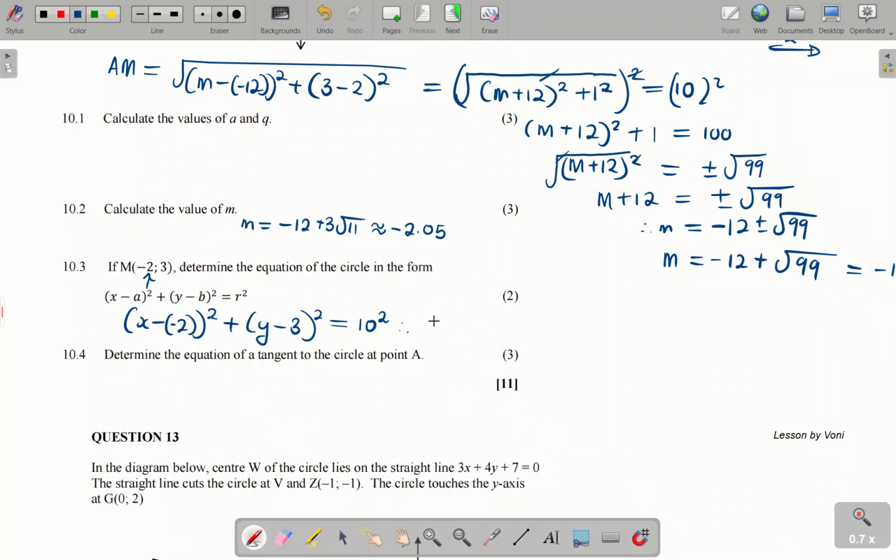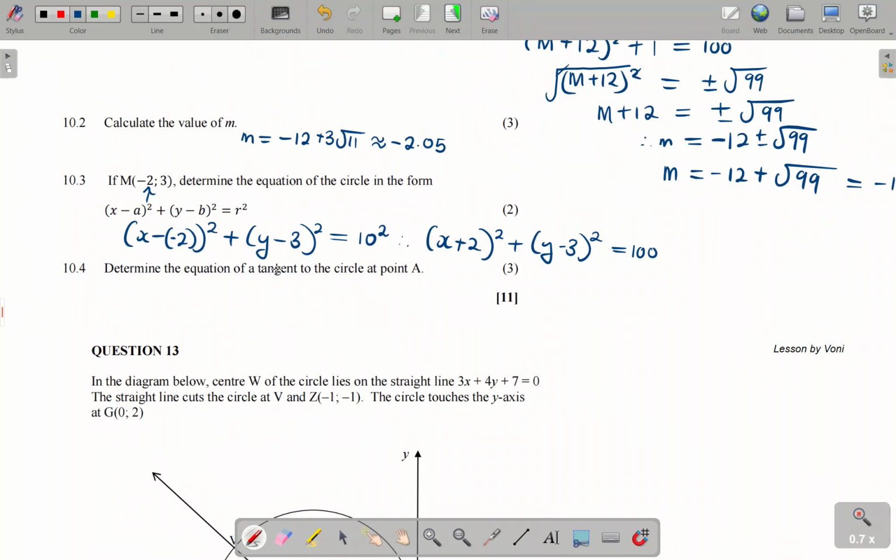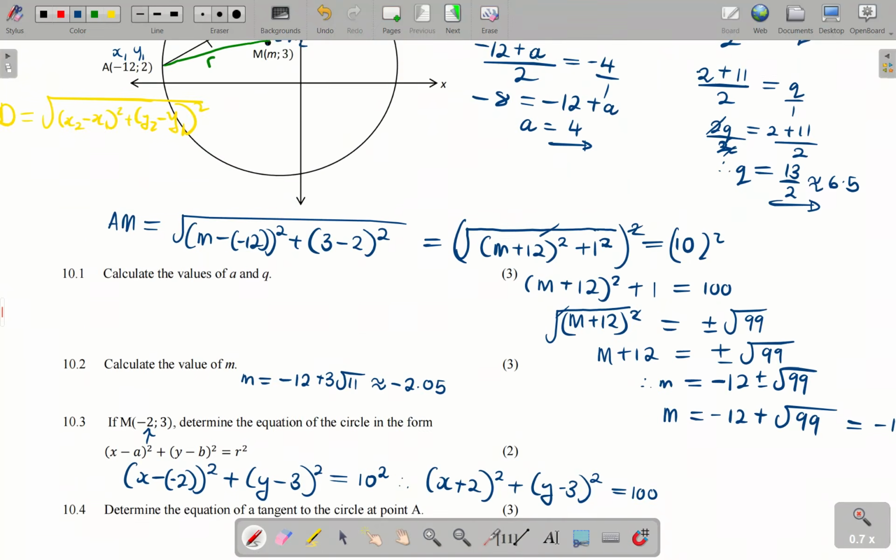So therefore this is going to be (x plus 2) squared plus (y minus 3) squared equals 10 squared, that's 100. Yeah, so that's the equation of the circle.